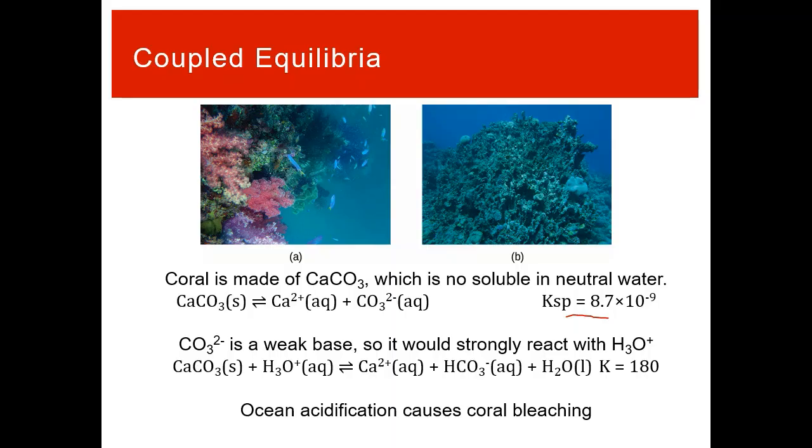So then you get living coral. If the pH of the ocean, the solvent that calcium carbonate is in, gets too low, all of a sudden the calcium carbonate starts dissolving, and then the coral animals fall apart, right? The little parts of their bodies just start dissolving, and then the animal dies. And that's how you get coral bleaching, where basically the reef is just dead. All the animals have died because their bodies just dissolved.